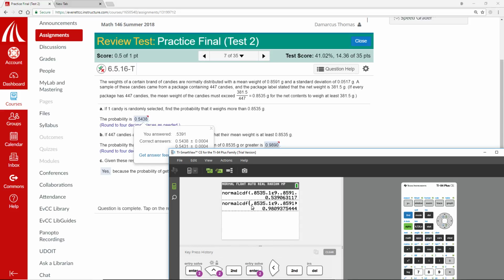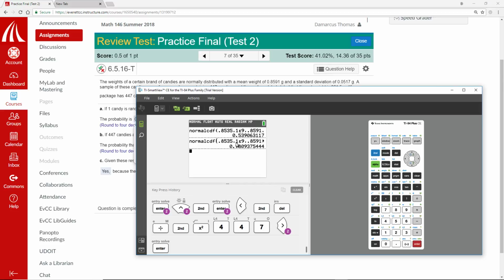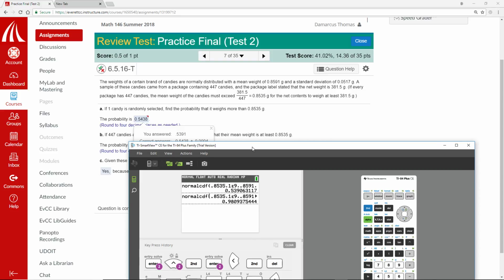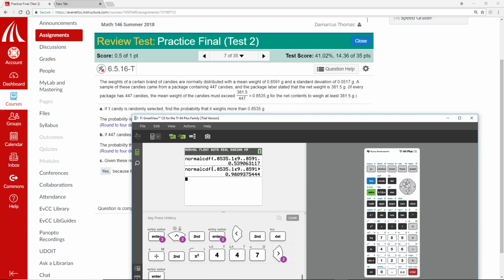So we're doing lower bound, upper bound, lower bound, upper bound, mean, and then standard deviation. 0.5391.